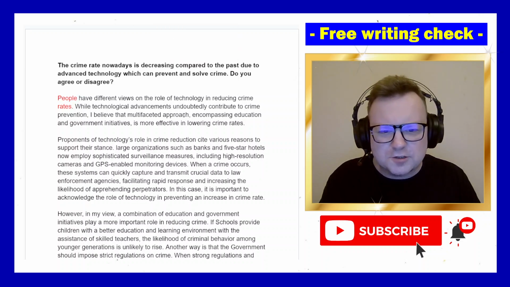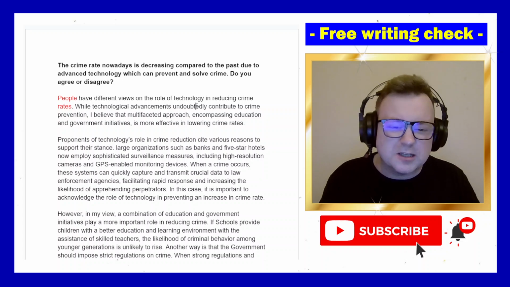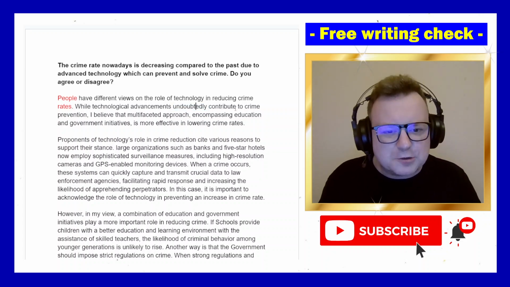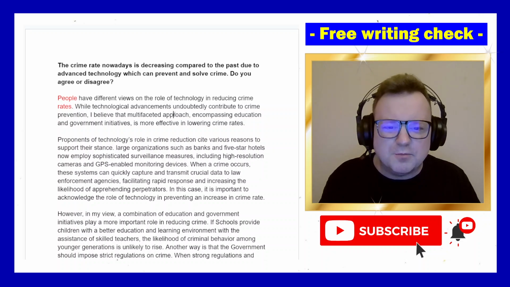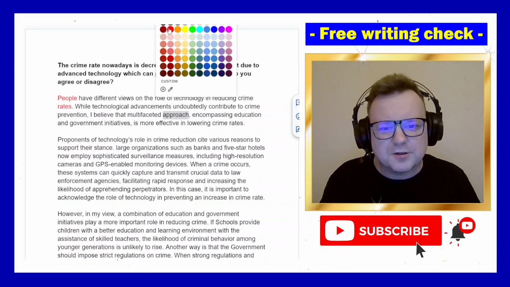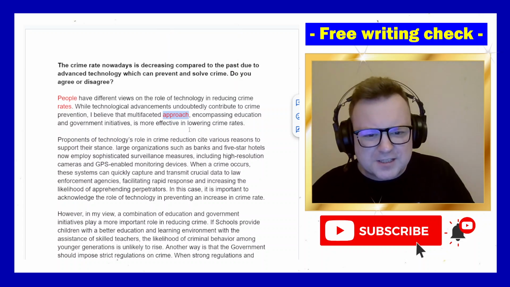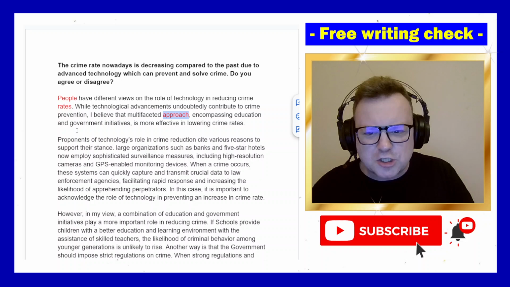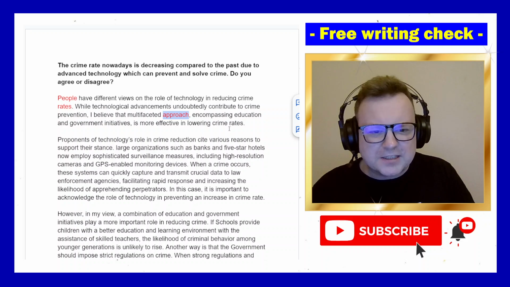While technological advancements undoubtedly contribute to crime prevention, I believe that a multifaceted approach, so we need that article, encompassing education and government initiatives is more effective in lowering crime rates. Undoubtedly is a bit strong, but that's okay.